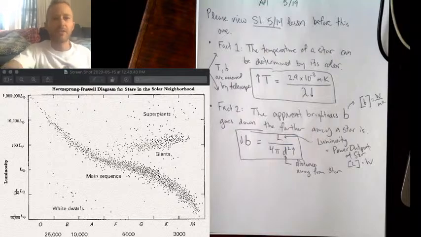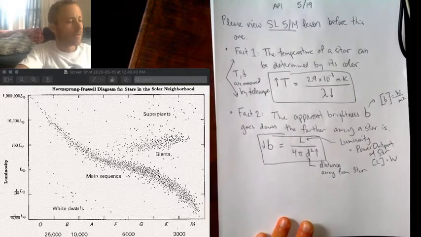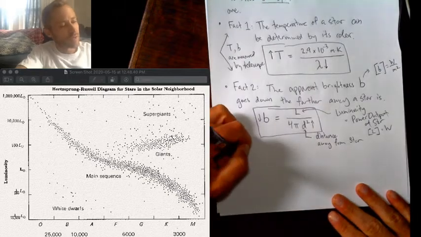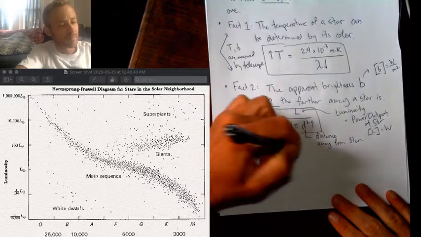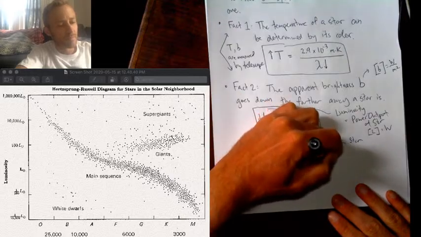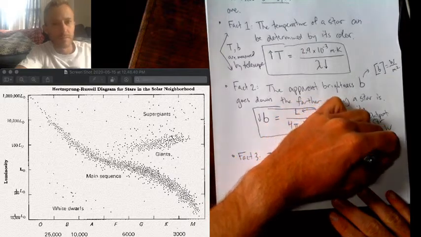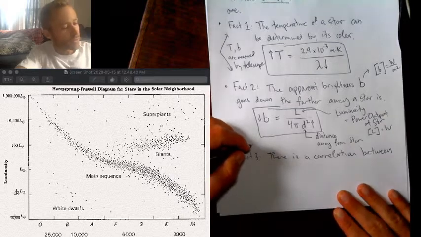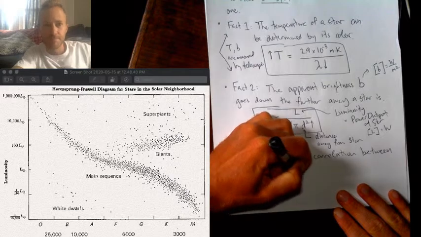Now here's fact 3. Fact 3 is that there is a correlation between the temperature of a star and the luminosity of a star.